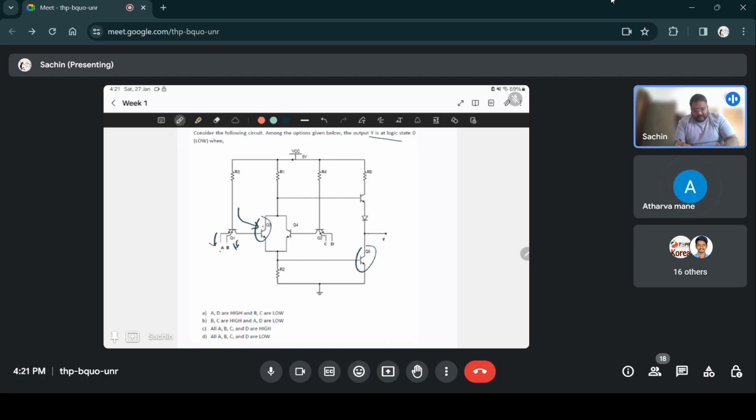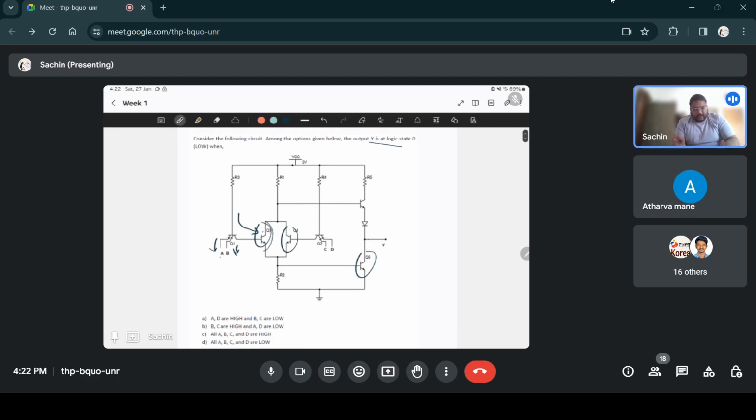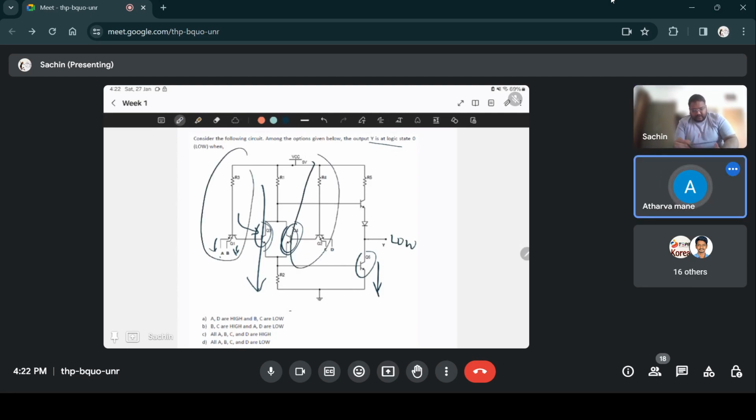But it doesn't matter whether it's Q3 or Q4 or both of them that are on. Either Q3 should be turned on, or Q4 should be turned on, or both can be on. In all three situations, this current will flow here, and then this will be on, so it will bring the output to low. So that's why it's an OR of these two branch circuits, you could say.